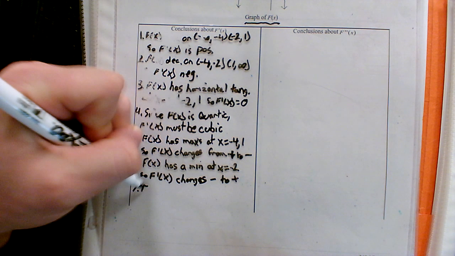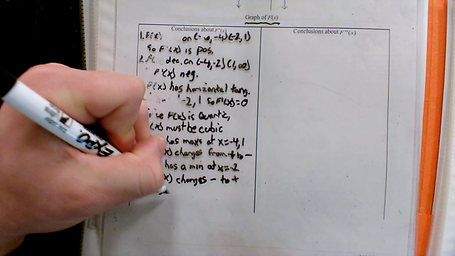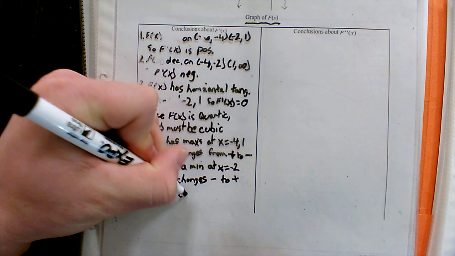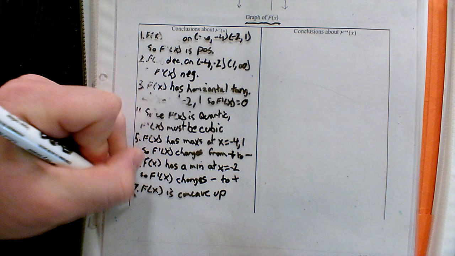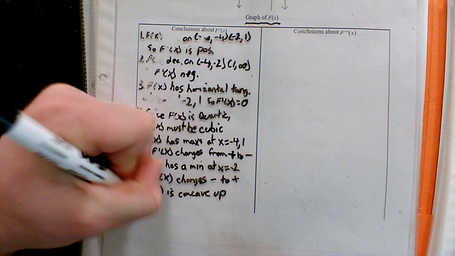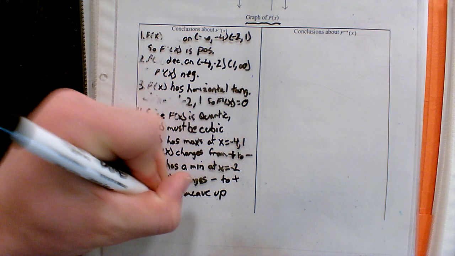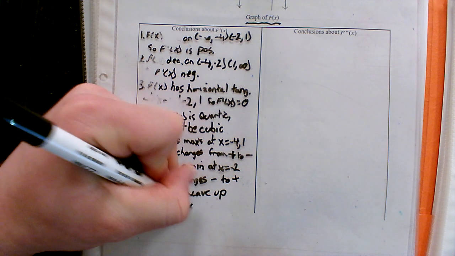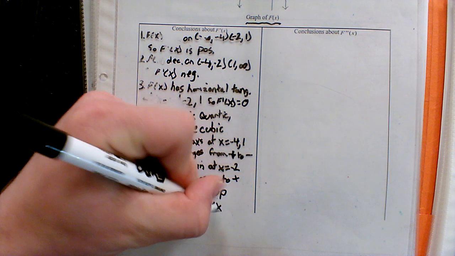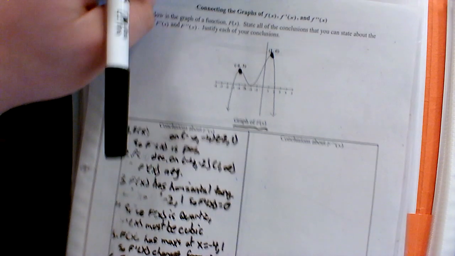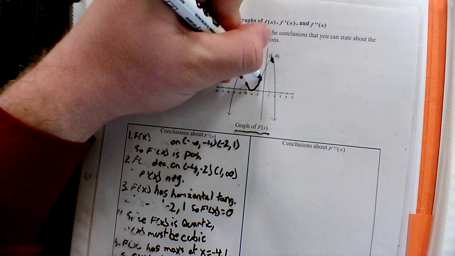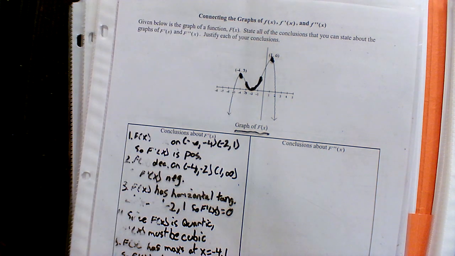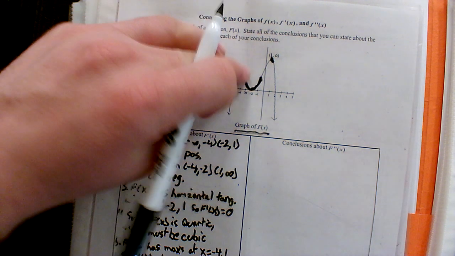All right, number 7. F of x is concave up on -3 to -1/2. So from -3 to -1/2, we can see that the graph is concave up from those points.